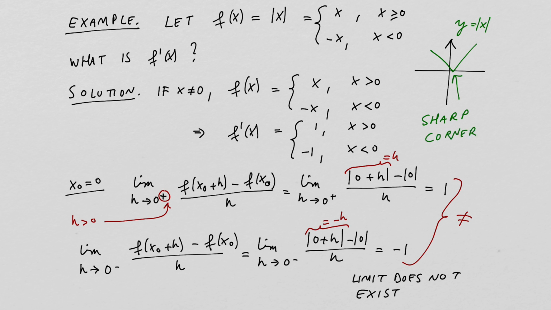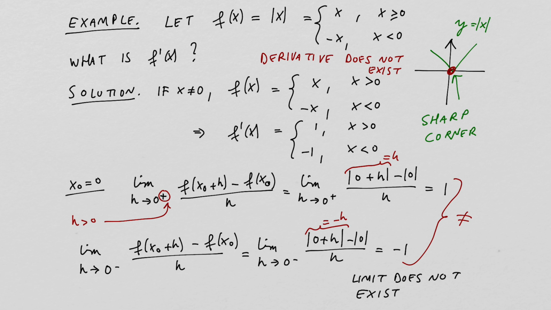So this means that the derivative does not exist in this point. The derivative would give the slope of the tangent in this point, but now it's not totally clear how we could draw the tangent here. In sharp corners we have this problem and the derivative does not exist.